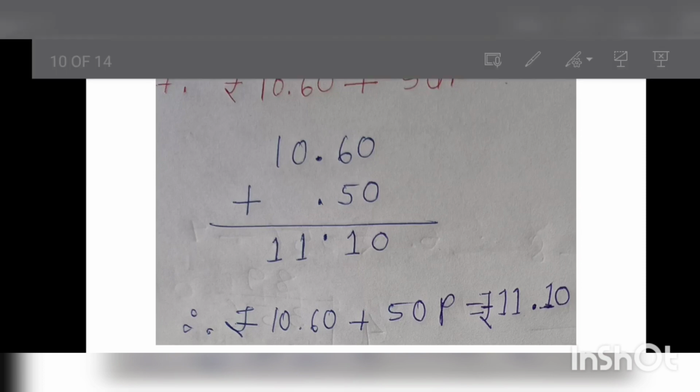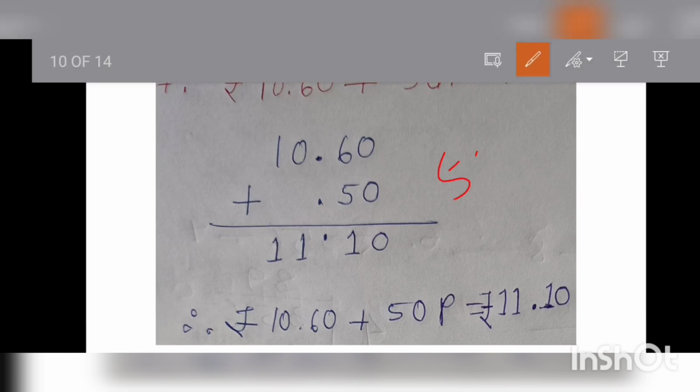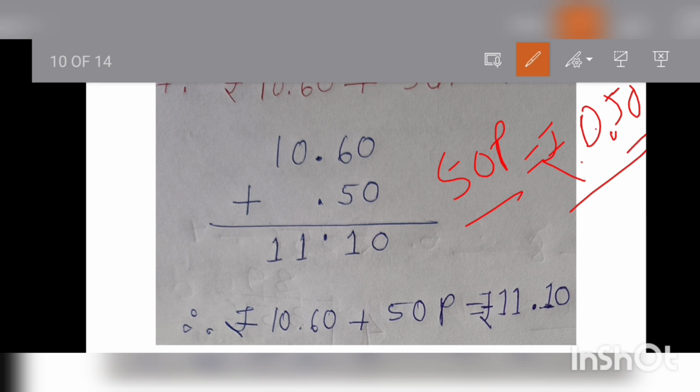50 paise, we can write it as rupees 0.50, because we know that to convert paise into rupees, we have to put a dot after the second digit from the right.